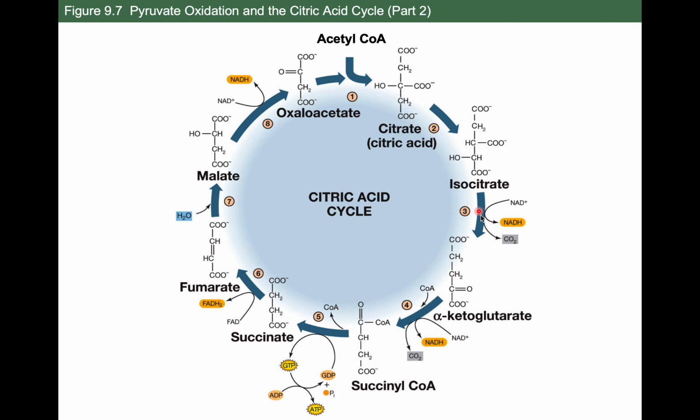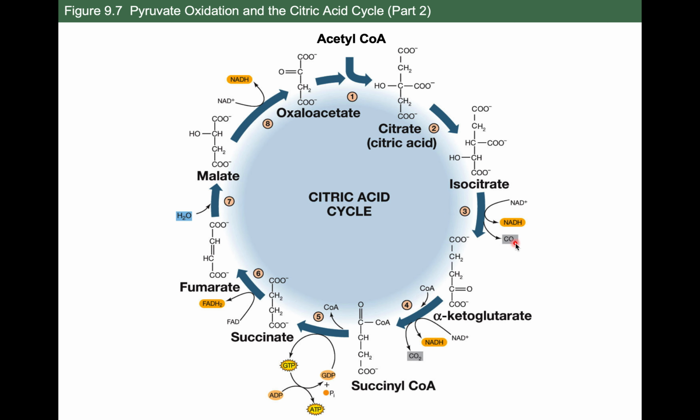So there's our 3 NADHs being produced. I mentioned there's another related electron carrier that will get reduced here in step 6, FADH. And down here in step 5 is where we're actually going to make our ATP. And so we're just going to get one ATP produced for every turn of this cycle.